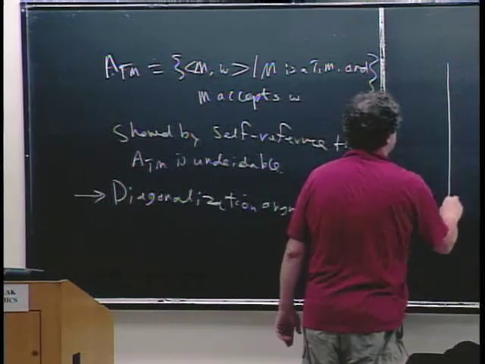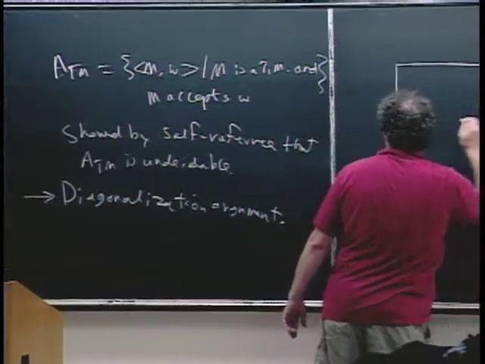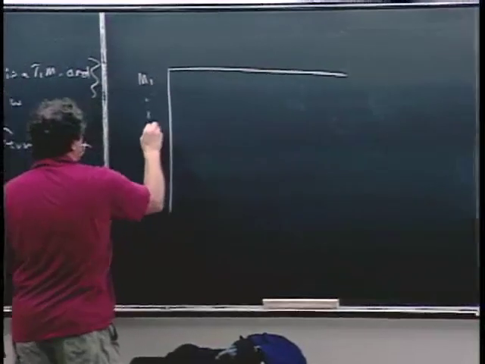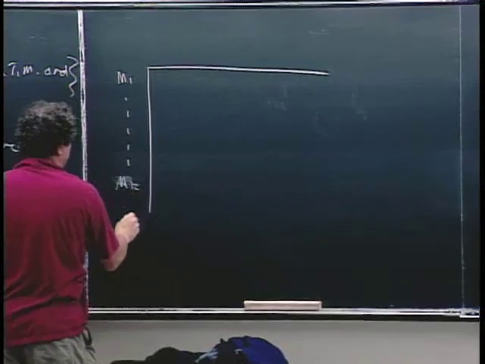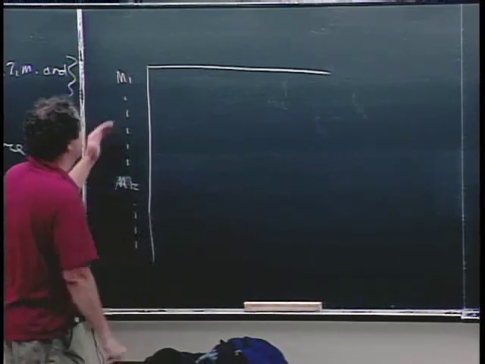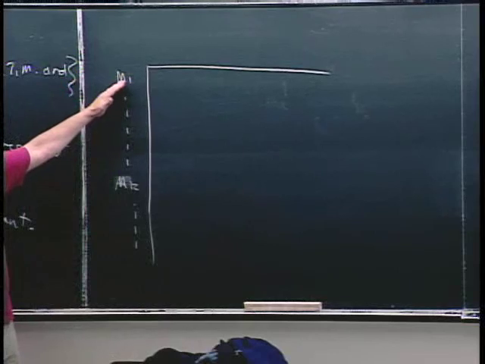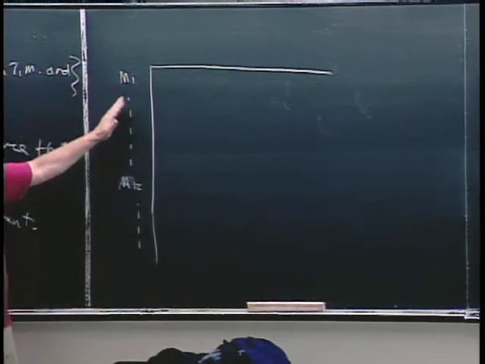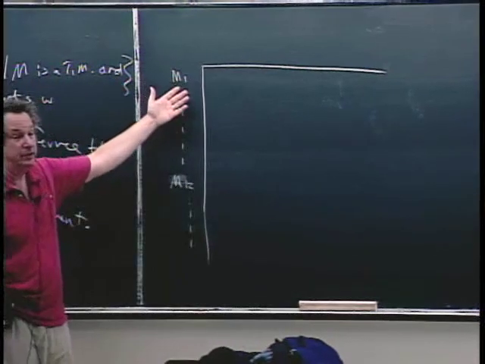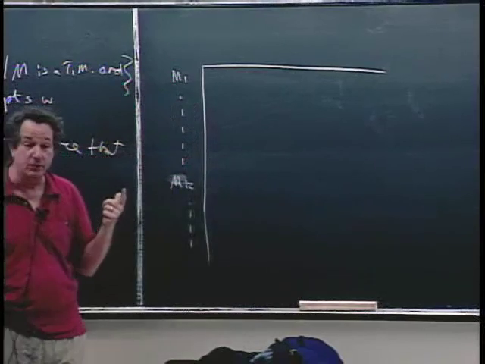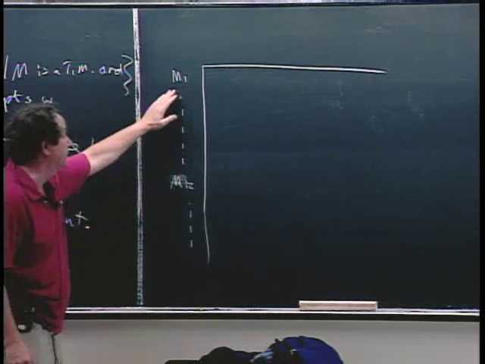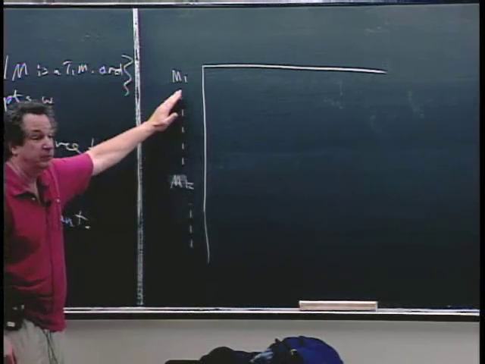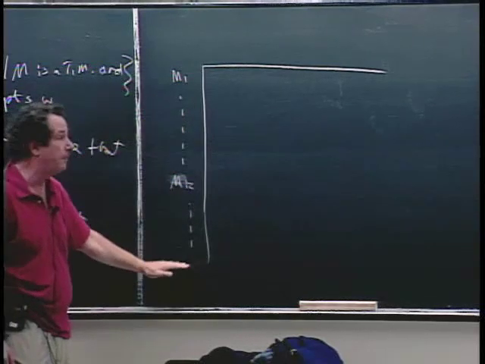Well, first of all, we want to enumerate all the Turing machines, MK. Of course, there's an infinite number of them, but we've discussed before that there's an enumeration of them. They're countable. We can think of the descriptions of a Turing machine as just a string over some alphabet, and we can enumerate strings over that alphabet, so therefore we can enumerate the Turing machines.